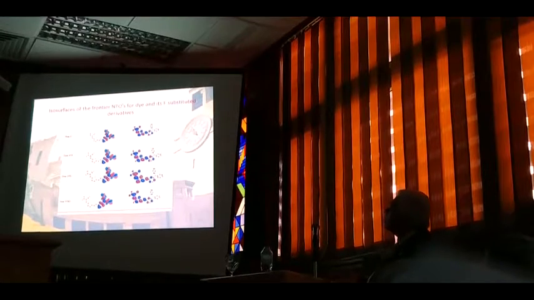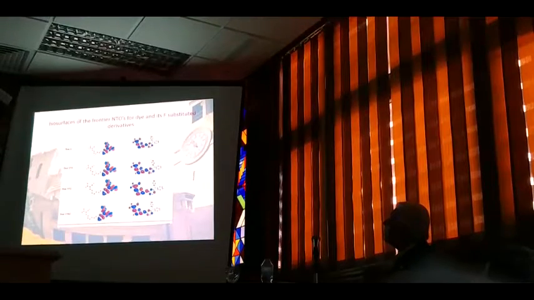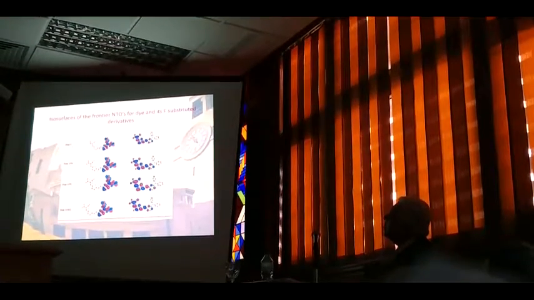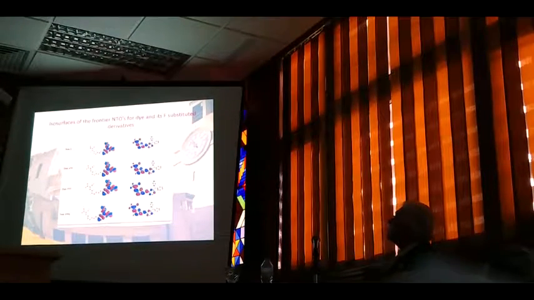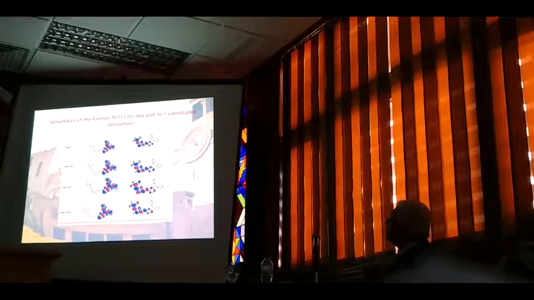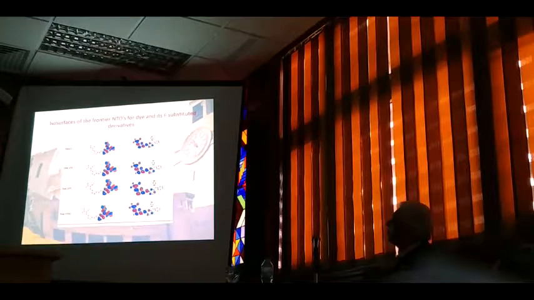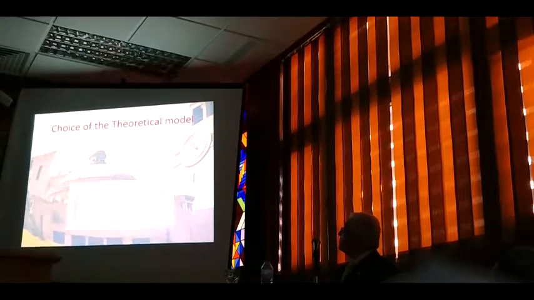This is not the HOMO and LUMO, these are natural transition orbitals. In the ground state, they are all localized on the donor moiety. After transition, all charge density is on the acceptor moiety. So we have real charge transfer.